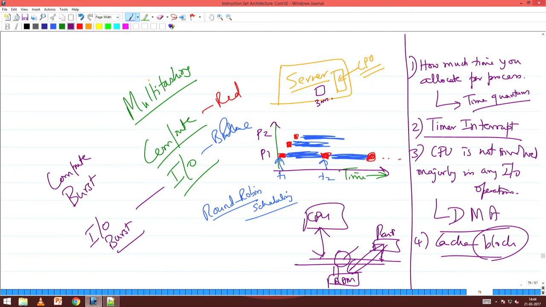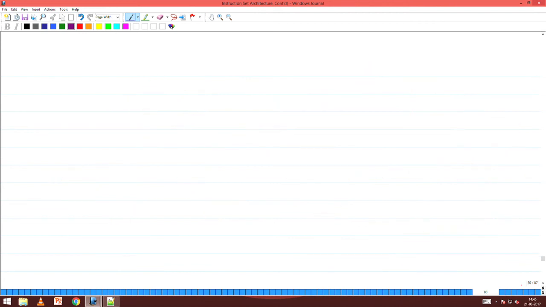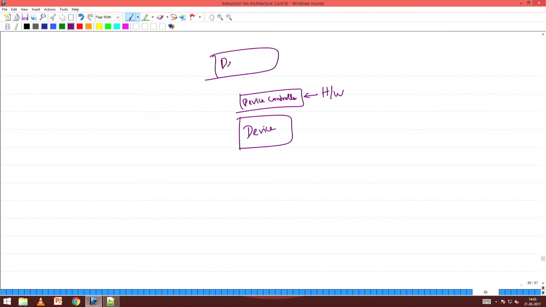So the way things have been designed now is that, let us take any IO peripheral. The IO peripheral is split into three parts. One is the IO device itself, then there is a device controller, which is hardware, and then there is something called a device driver, which is software.